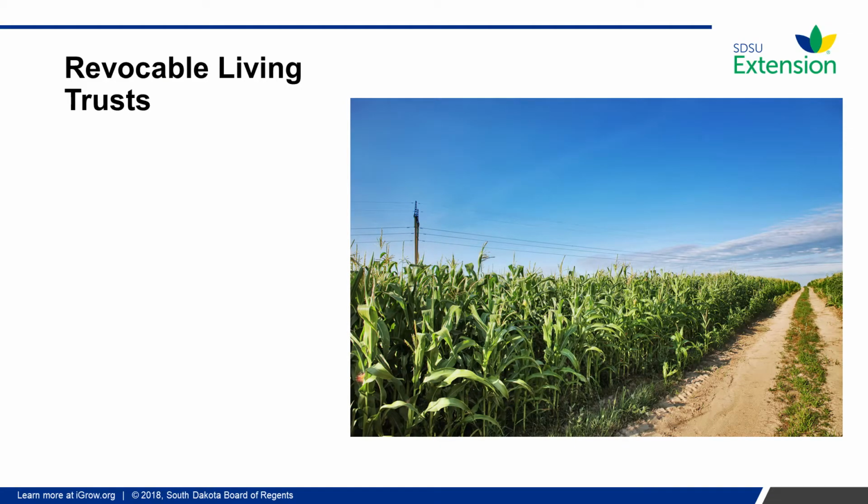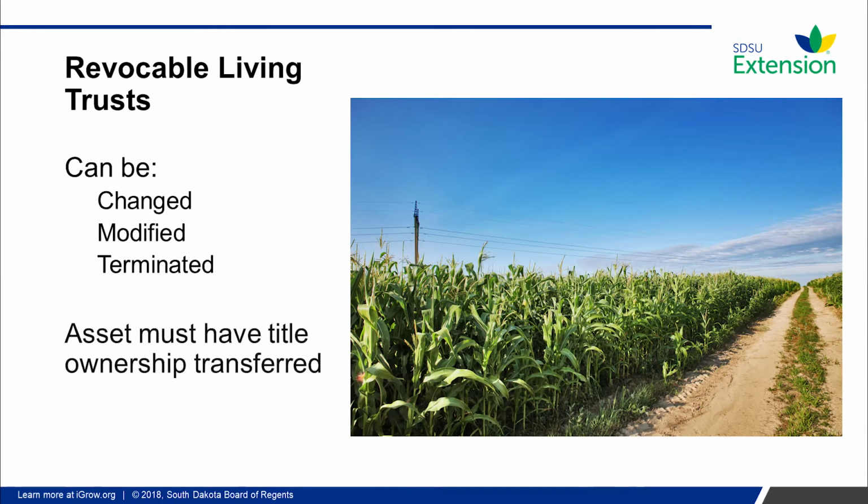As the name implies, revocable living trusts can be changed, modified, or terminated at any time during your life. If a trust is created, each asset must have the title transferred from the individual to the name of the trust.